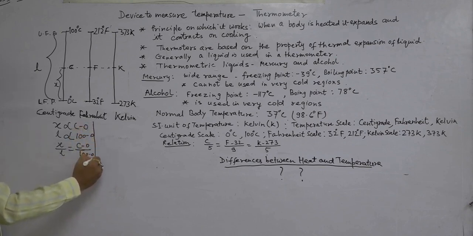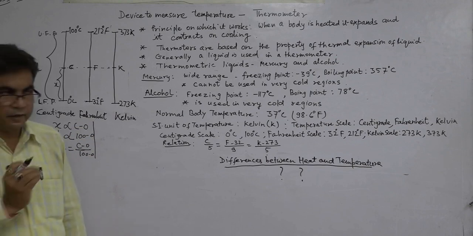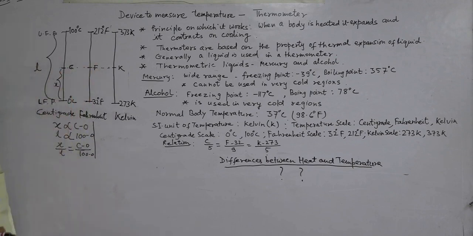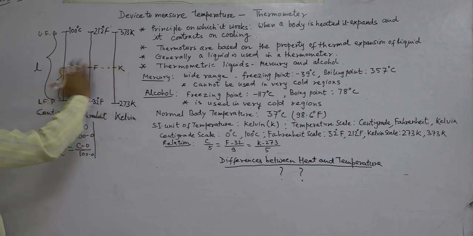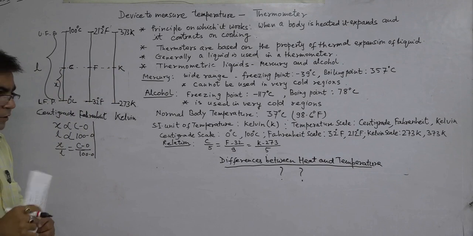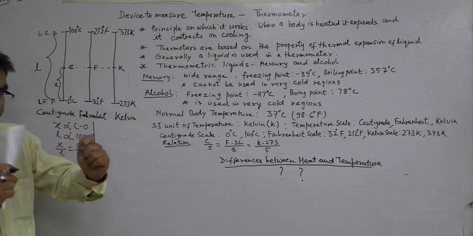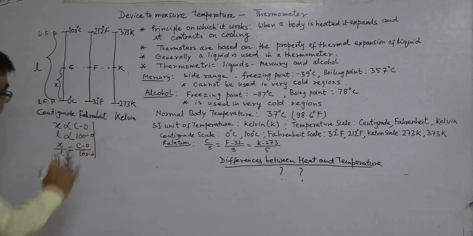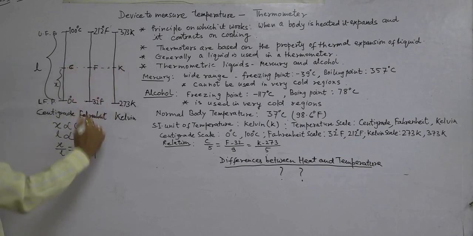Similarly, if you think for another scale, that is Fahrenheit, this is the same X, because we are going to find the relation between these different scales. What will be X here now?